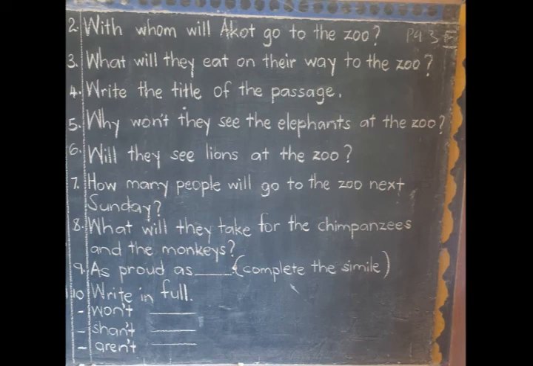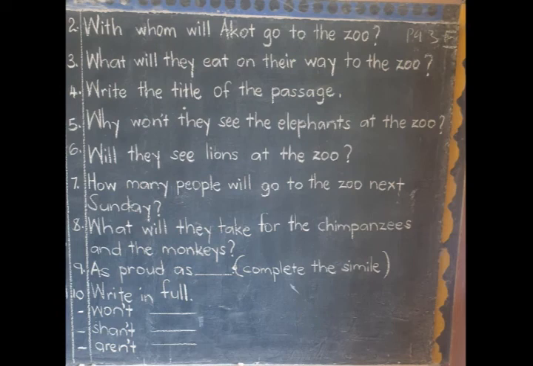Number 9, as proud as dash. That is a simile, and we are told to complete. Similes are simply words or sayings that are alike. We have different examples of similes. As cold as ice, as busy as a bee, as white as snow.